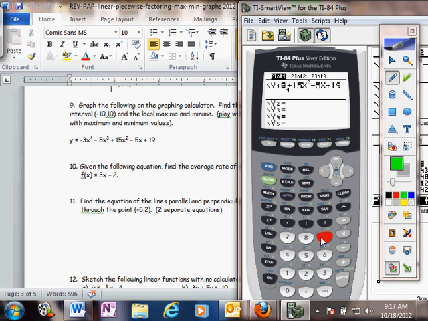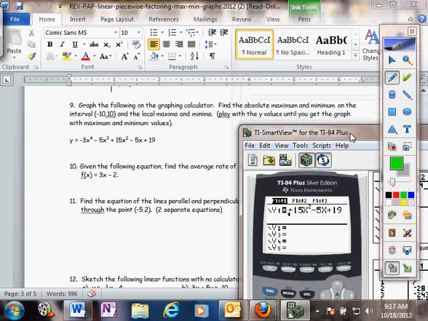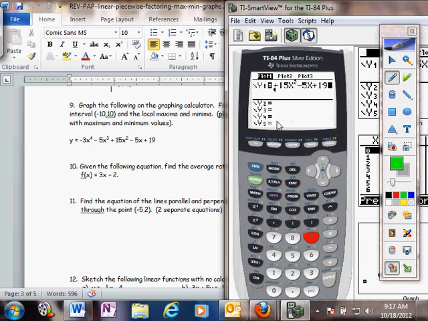Okay, so this is telling me to find the absolute maximum and minimum on the interval from -10 to 10. So what I need to do is go to my window and adjust my intervals here.